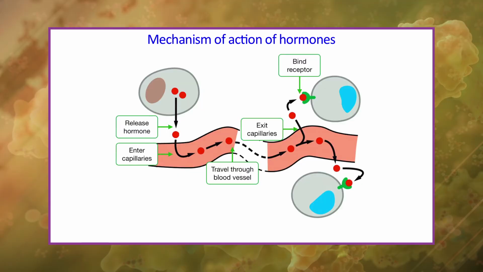Hormone is a chemical substance that is synthesized by a particular endocrine gland, which then enters into the blood circulation to be carried to distantly located target cells or organs which have specific receptors that bind to it on the surface.